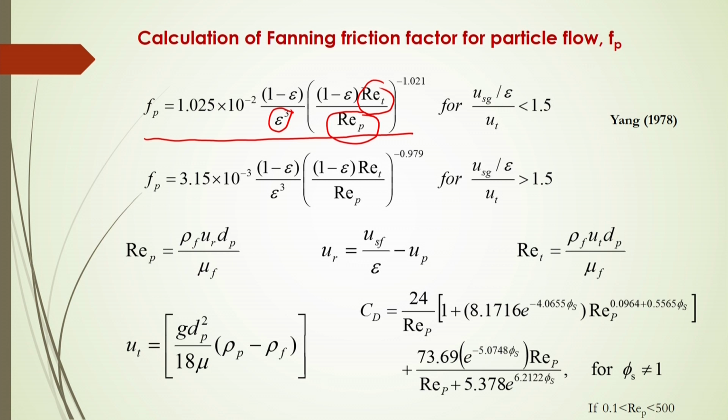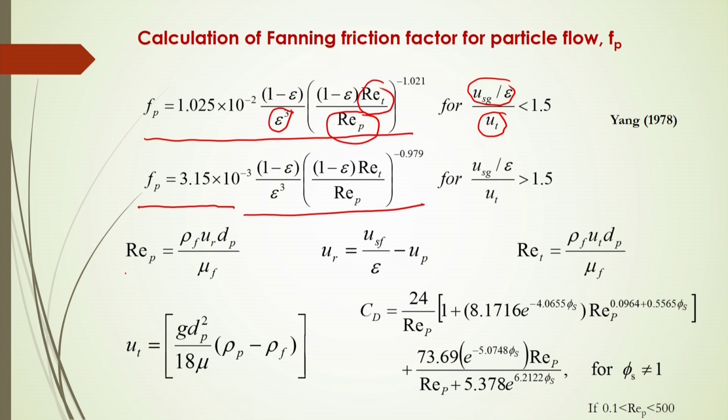Now, this correlation is valid only if the ratio of actual gas velocity to the terminal velocity of the particle is less than 1.5, whereas if this ratio is greater than 1.5 you have to calculate the friction factor from this other correlation here. Again, this correlation is a function of the Reynolds number of the particle and the terminal Reynolds number of the particle based on terminal velocity.